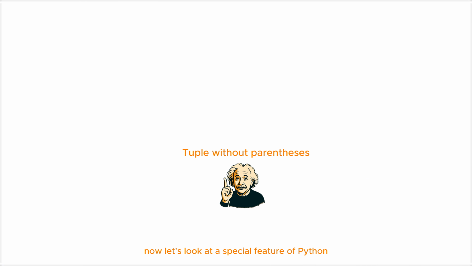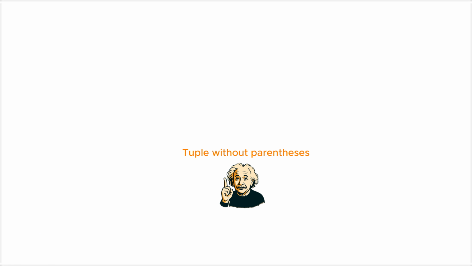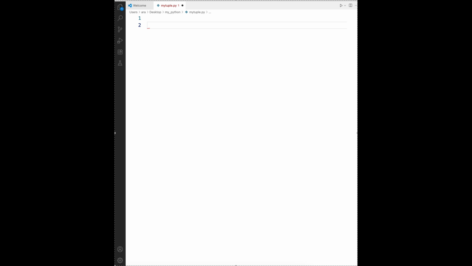Now let's look at a special feature of Python that can sometimes be confusing. Look at this line of code. What is this? Look at my_data equal to 10, comma, 20, comma, string Hama, comma, True, without parentheses.